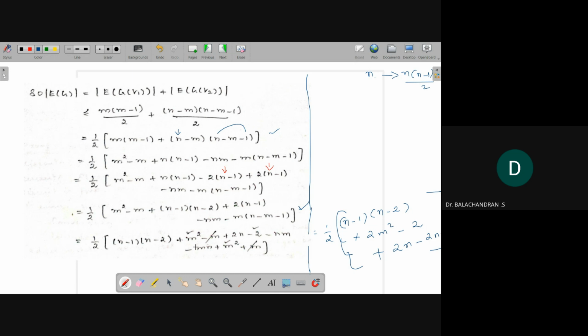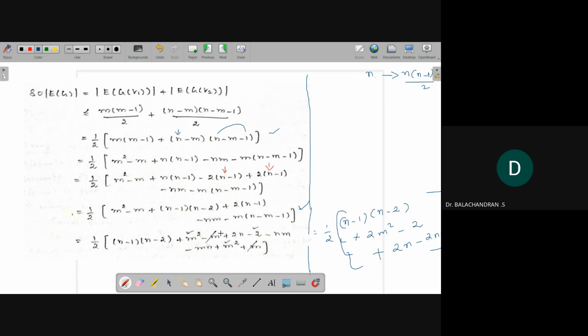Next, from here to here, 1 by 2. First I am writing this term, n minus 1 into n minus 2, plus m square minus m. Next, plus 2n minus 2 minus nm minus mn plus m square plus m.